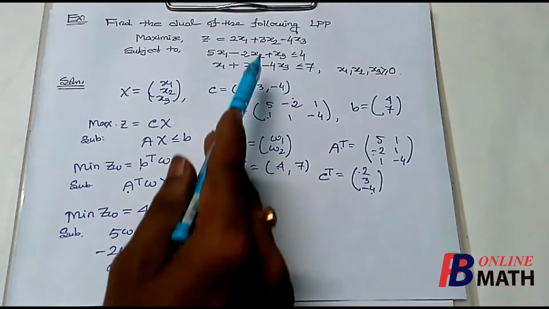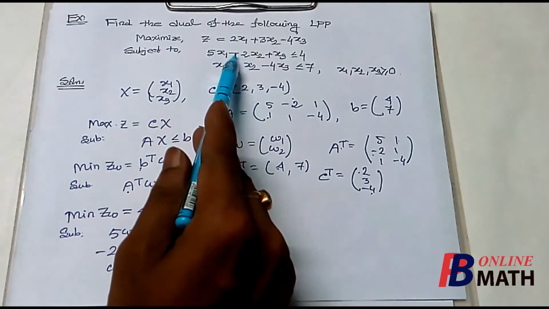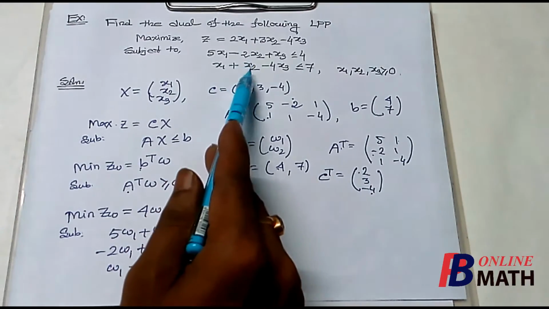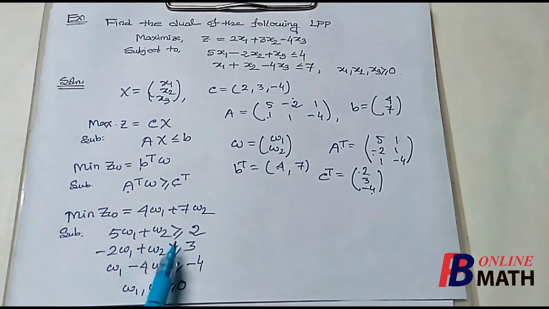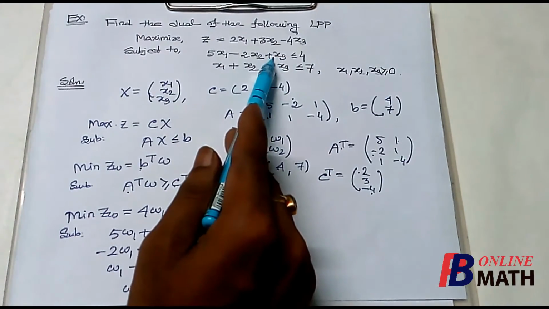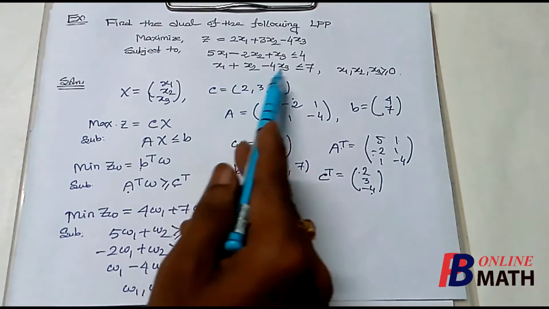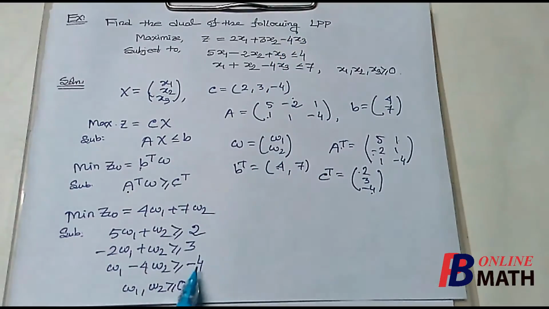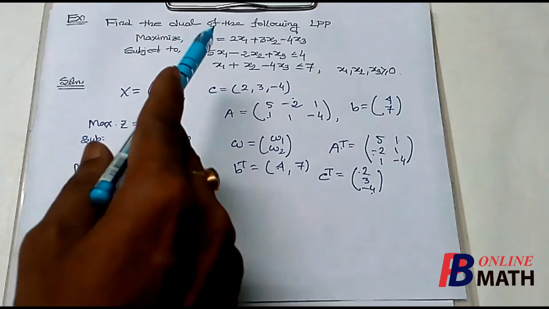The second constraint will be minus 2 into omega 1 plus 1 into omega 2, greater than or equal to the second cost value, which is 3. And the last one, the third constraint, will be 1 into omega 1 minus 4 into omega 2, greater than or equal to the third cost value, which is minus 4. So this is the required dual of this primal problem.